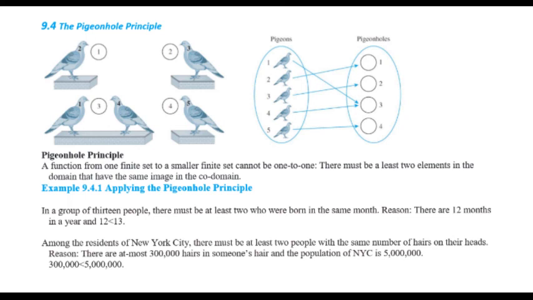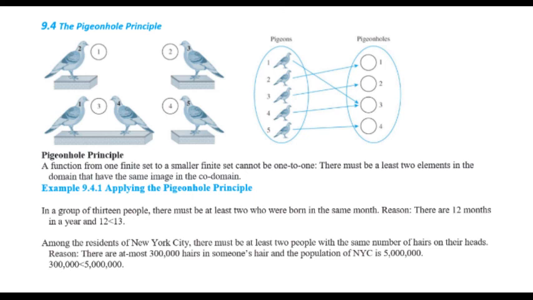And then the next example is this: among the residents of New York City, there must be at least 2 people with the same number of hairs on their heads. Why? Because we have at most 300,000 hairs on someone's head. And the population of New York City is about 5 million.